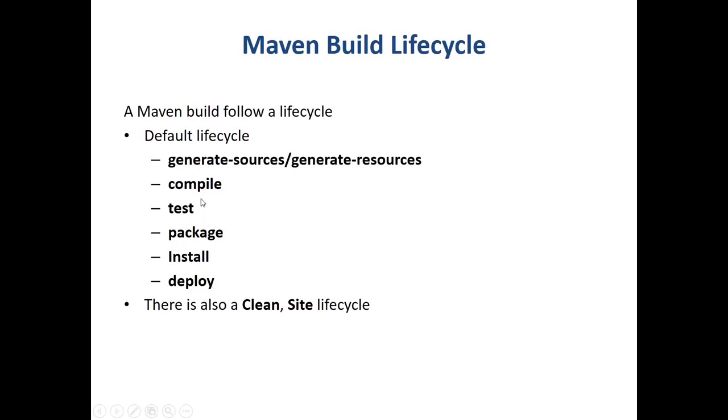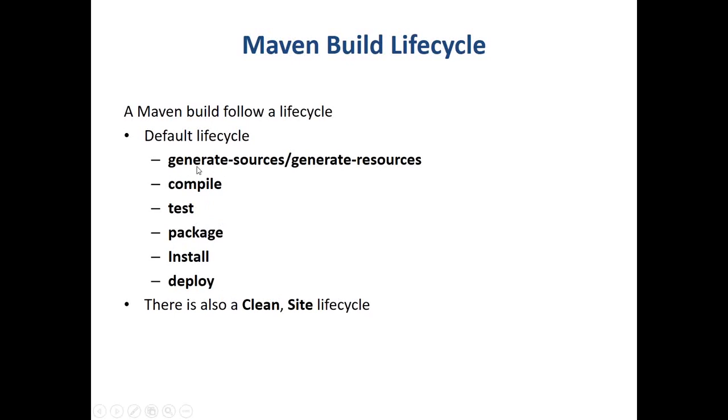Suppose you say run only the compile, then it will come from the beginning, do the compilation and stop. So no matter what phase of Maven you ask Maven to run, it will always start from the beginning and stop only at that phase. Suppose you say you want to do the install. For doing the install, you need to create a package, and for creating a package, first you need to compile and test, right?